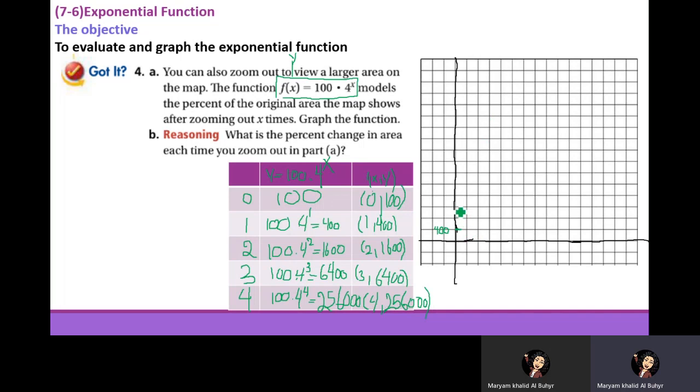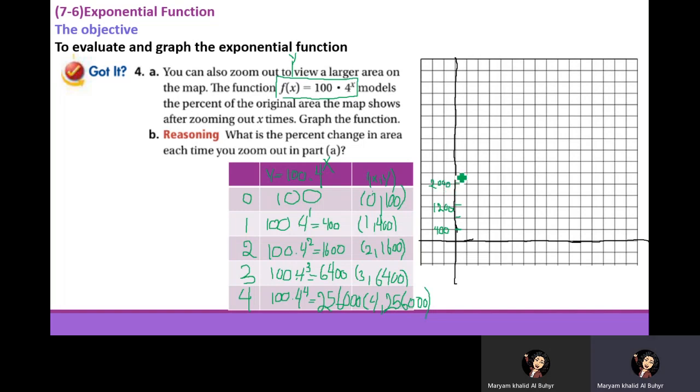400, that will be 800. This is 1,200. Right? So here we have 1,600. That will be 2,000.